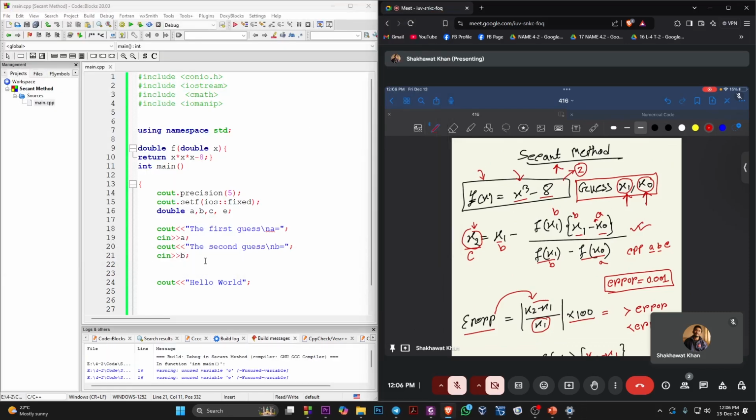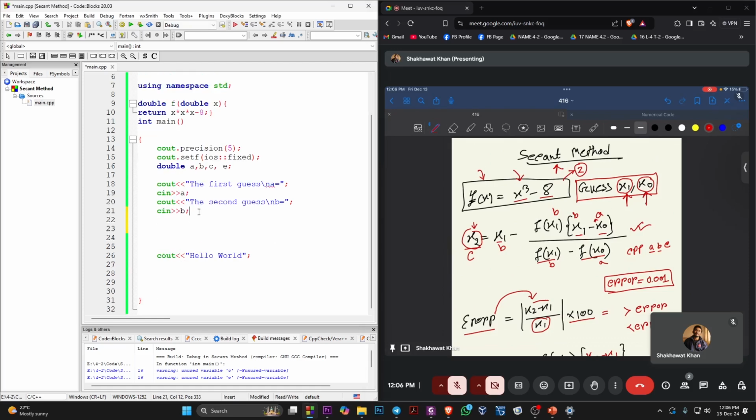Okay, it's working fine. Then A and B is inputted. A and B has been input in my program.